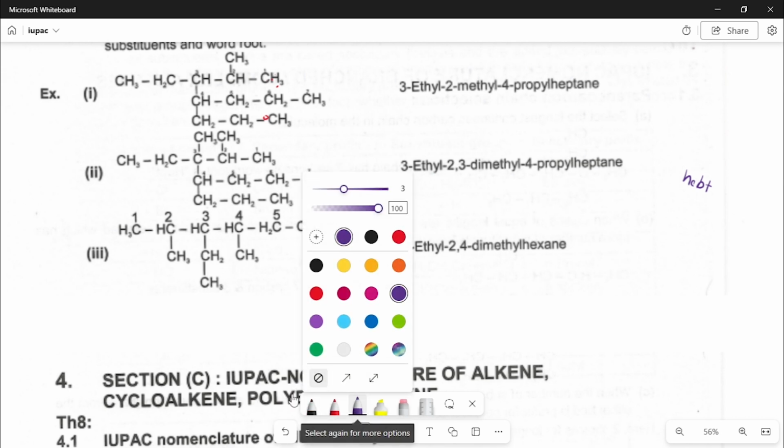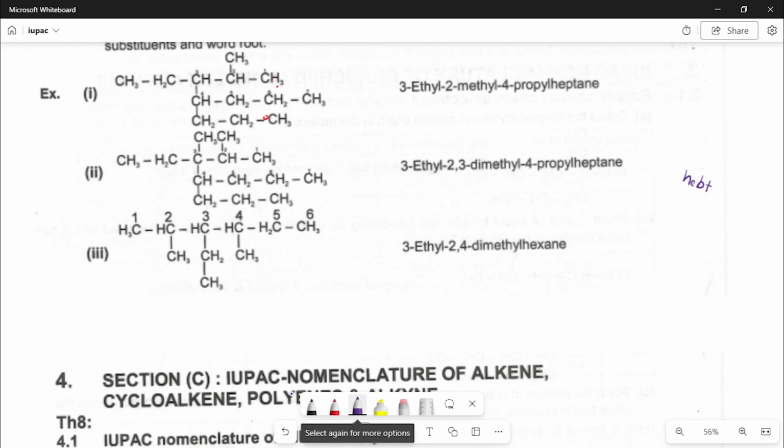So see, this is 2 methyls, this is an ethyl, and this is a propyl. So it would go like 3-ethyl, then 2,3. See, they are separated by commas. If two substituents are present on the same carbon chain, on different numbers, then we use a comma.